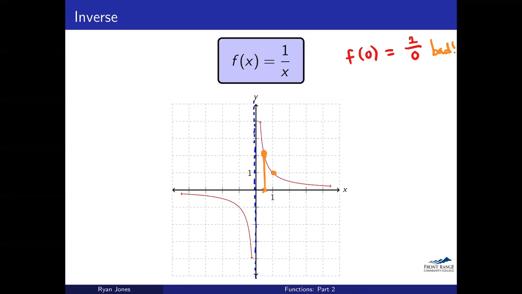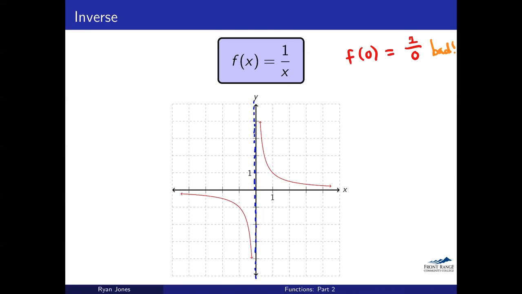And if I plugged in 1/4, I would get 4 for y, and so on. This thing just keeps going up and up as we get closer and closer to 0. Same thing on the other side, except everything's negative over here. We go down and down and down because our y value gets more and more negative. So the inverse right here looks all great. This is what an inverse function will look like.